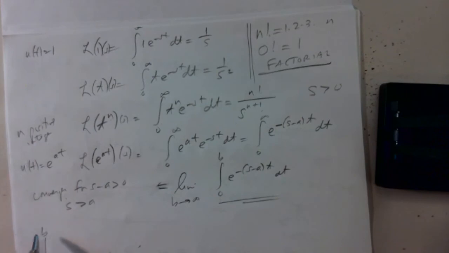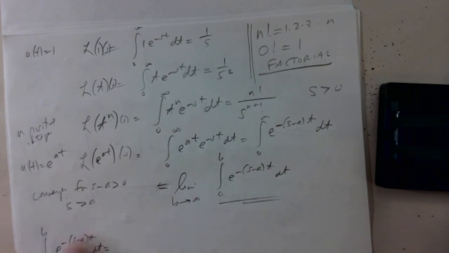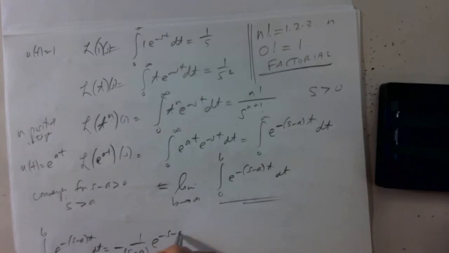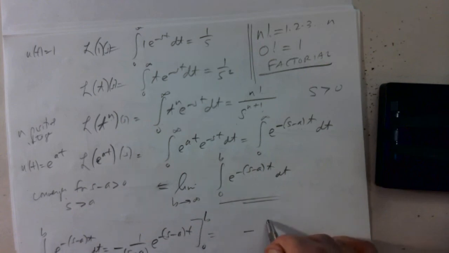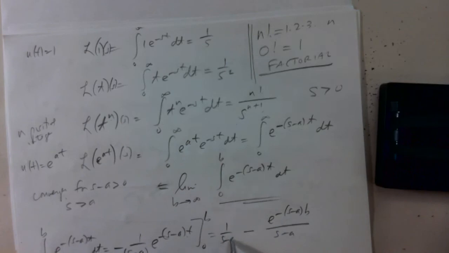The integral from 0 to b of e to the minus (s minus a)t dt is minus 1 over s minus a, e to the minus (s minus a)t, evaluated from 0 to b. So when t is equal to b, I get e to the minus (s minus a) times b over s minus a. When t is 0, I get minus this evaluated at 0, which is 1 over s minus a.